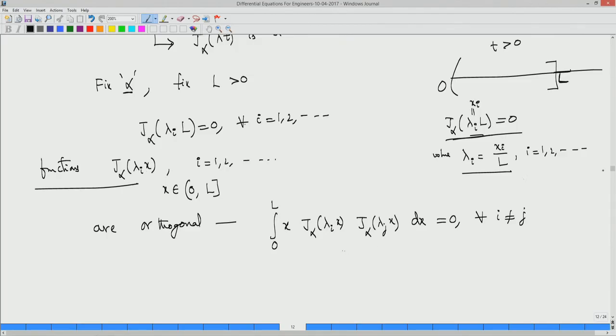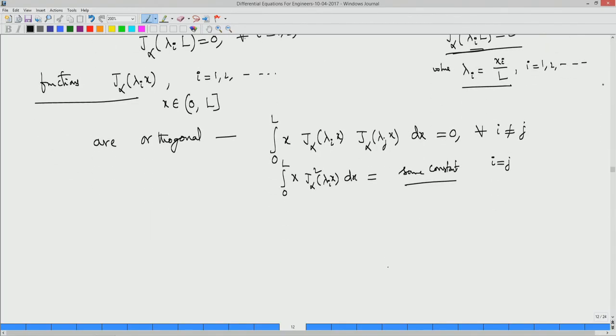If I equal to j, it is non-zero: the integral from 0 to L of x times j alpha of lambda i x squared dx will be some constant, which we will see later.